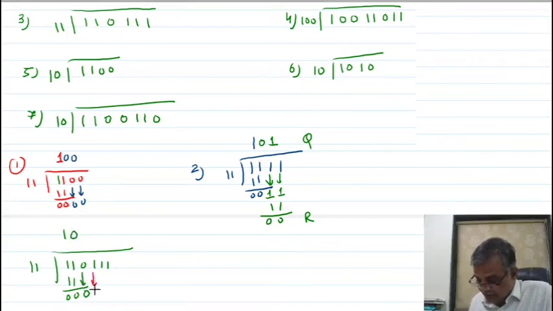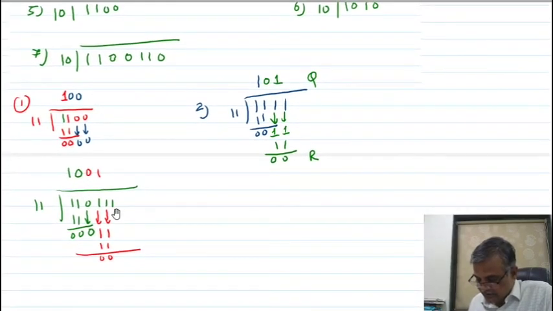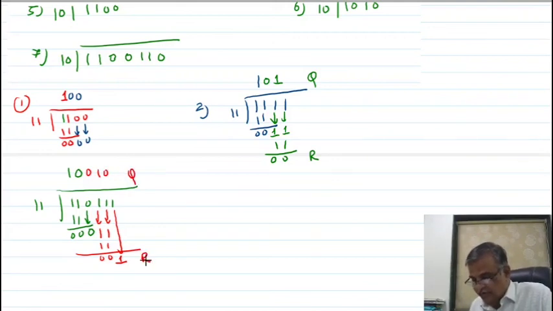If you take down, this is 11, so I am writing 0, and I am taking 1, so I am putting 0. This is your quotient and this is your remainder.